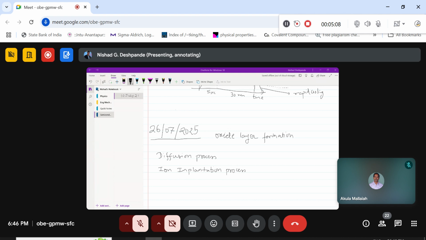The simplest equation that we tried to understand for this particular purpose. Of course, this is not that simple. It's quite complicated, but we tried to restrict ourselves to this simple equation to just understand how this diffusion limited or reaction rate limited growth of oxide layers takes place on the silicon wafers.